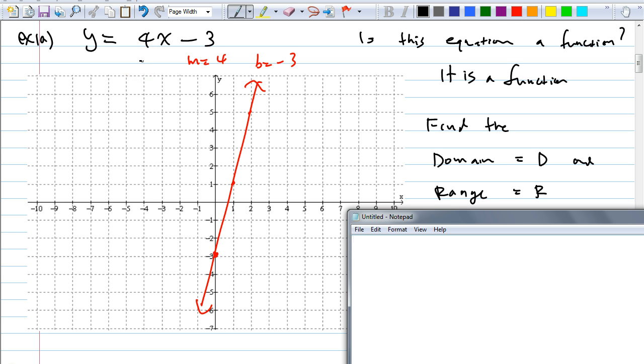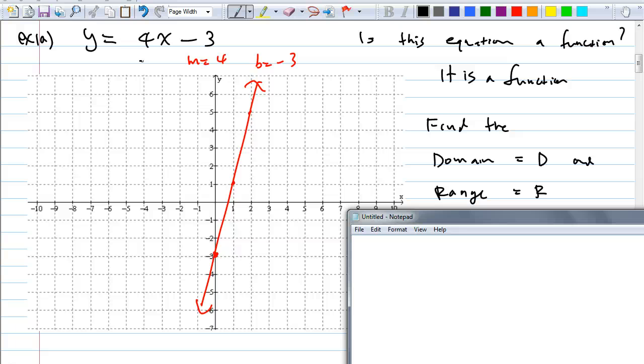Yes. Can somebody tell me what my domain is? What about a million? Is that part of my domain? What about negative a million? What about negative 2.7? What about negative pi? What about negative square root of 16 or 17 or square root of 18? Anybody see what the domain might be?